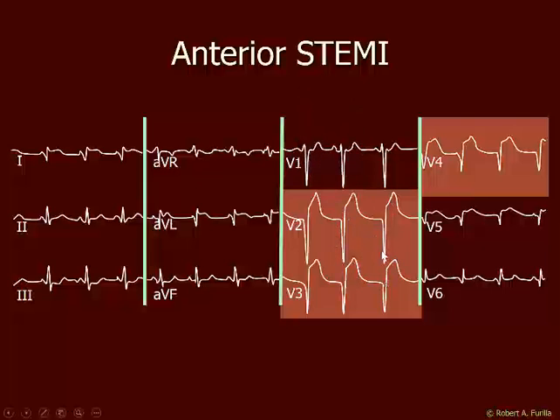This infarct is probably a little bit more lateral because we're beginning to see a little bit of lateral involvement here in V5. Also, we see in 1 and AVL an ST elevation, also indicating some lateral wall involvement. Once again, we don't see a reciprocal depression because that reciprocal depression should appear on the posterior electrodes.